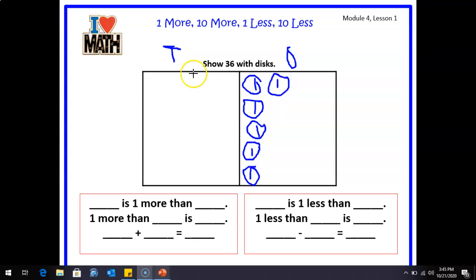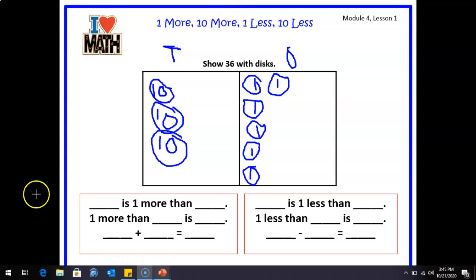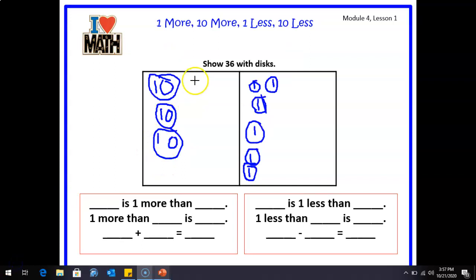And I have to draw 3 tens. 1 10, 2 tens, and 3 tens. So here's how 36 looks like using the place value disc. So now I'm going to show you 1 more than 36. I'm going to show you 10 more. Here's what you should have. This is how 10 more looks like.